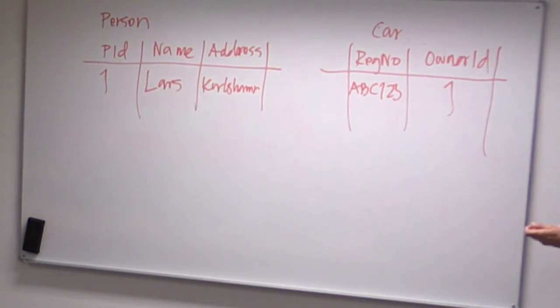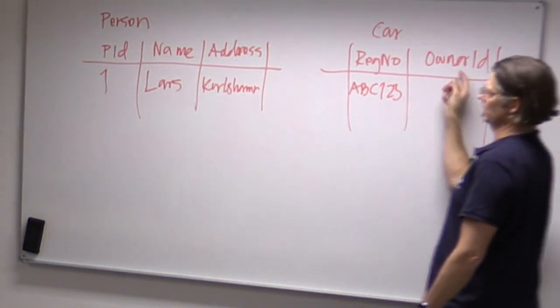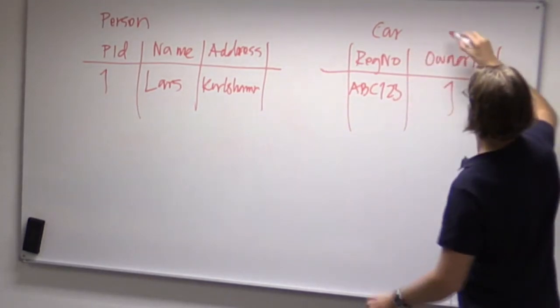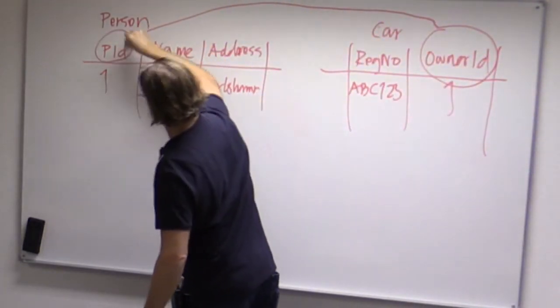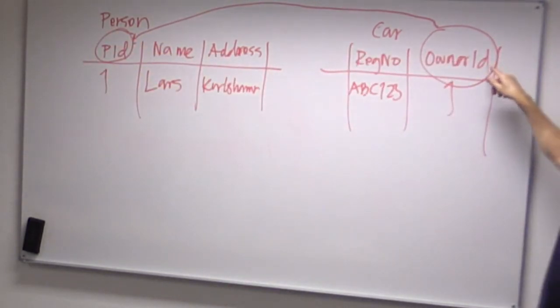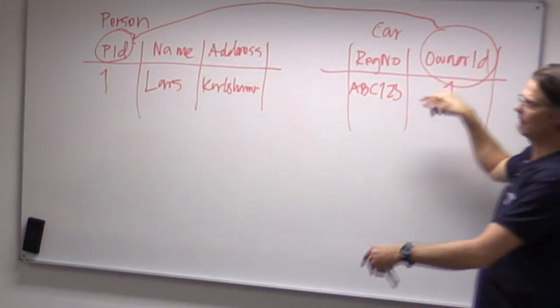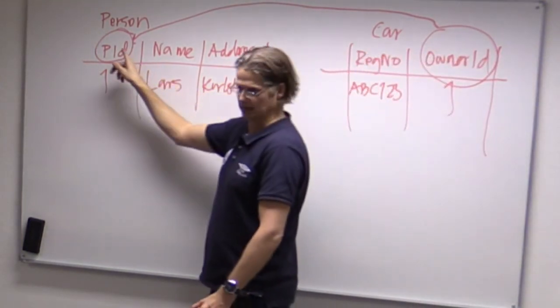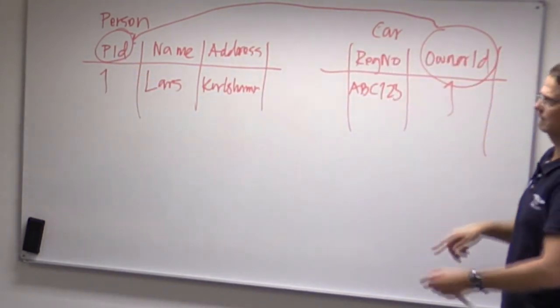From that standpoint, I am using owner ID to reference the owner. I am referencing the owner using the owner ID, which on the car entity is just called owner ID, but as a person I have my PID.